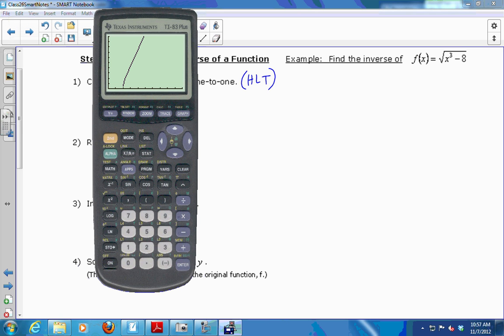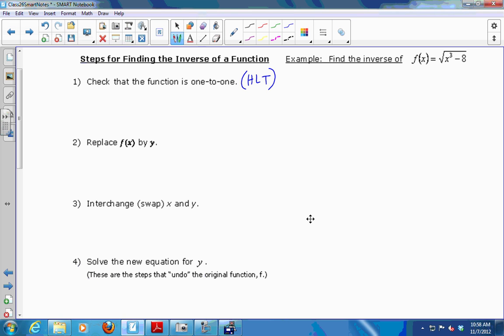Does it look like it passes HLT? Yeah, it passes HLT. So we graph and check HLT. Done.